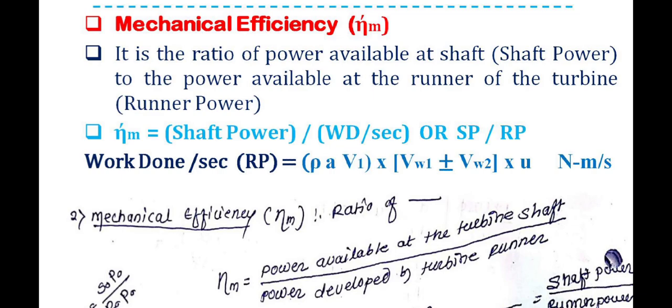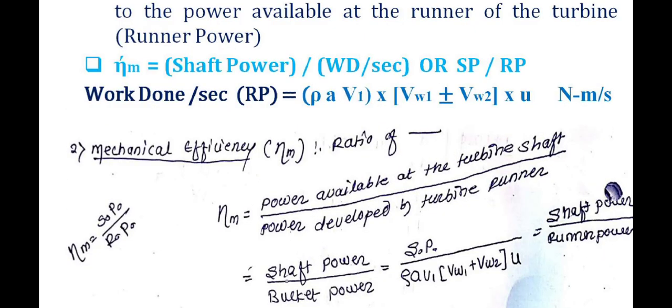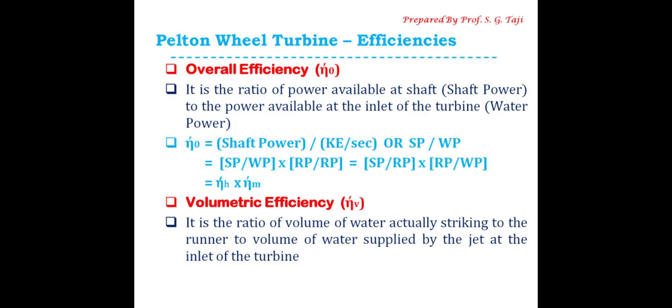Mechanical efficiency is power available at the turbine shaft divided by power developed by turbine runner: shaft power divided by runner power, Sp divided by Rp.